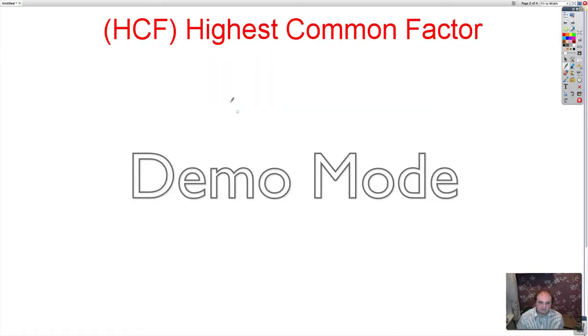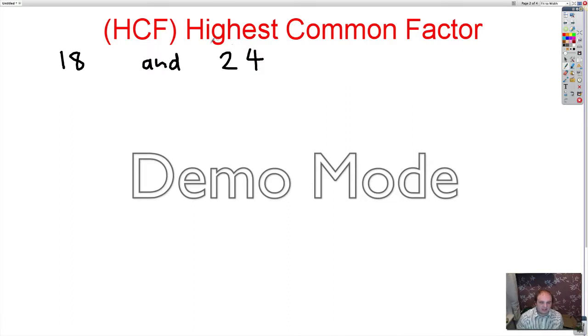Moving on, highest common factor, this is really simple as well. If I have two numbers, let's say 18, and we'll use the one we've used before, 24. I'm looking for the factors of 18 and 24, the one that's a factor of both of them, so that's the common part, and the highest number.